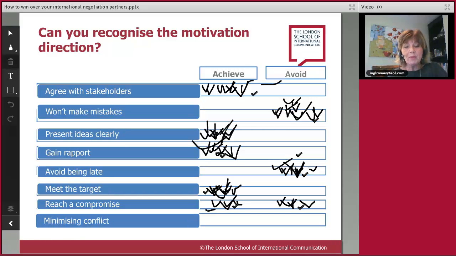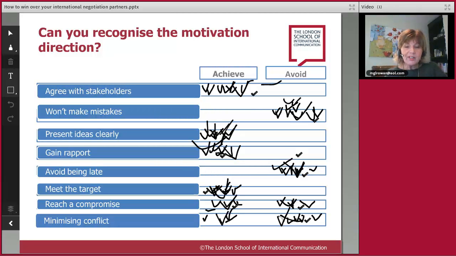And then lastly, minimizing conflict. Which one is that? Achieve or avoid? Okay, split decision on that. I would potentially go with avoid, but I can see how you would also see that as an achieve.